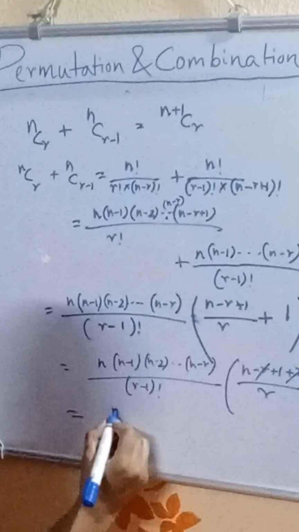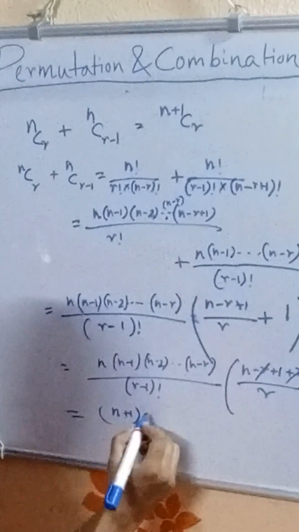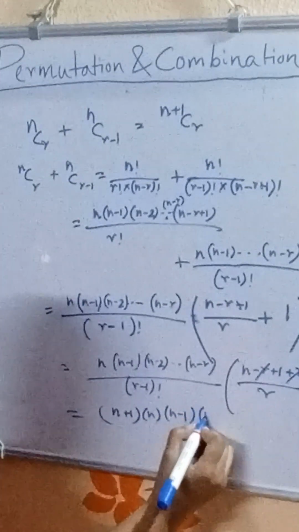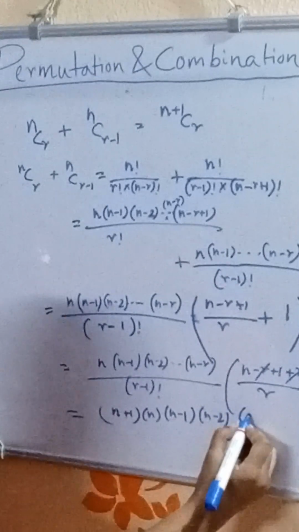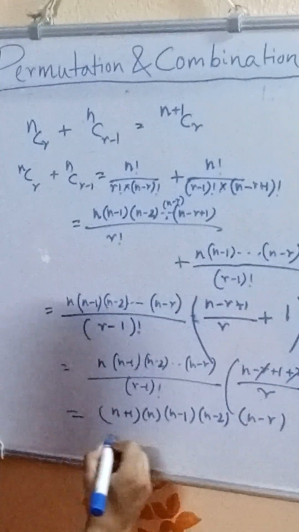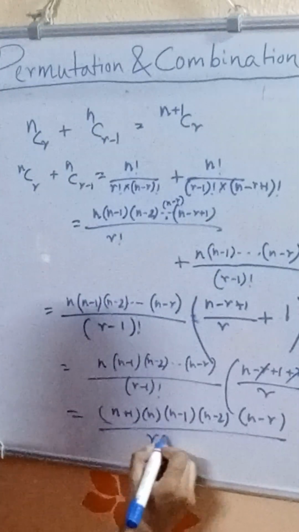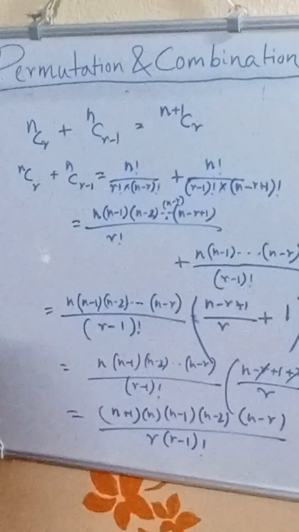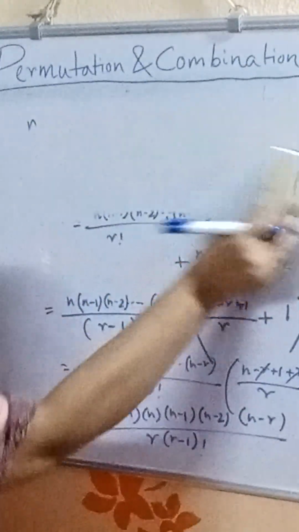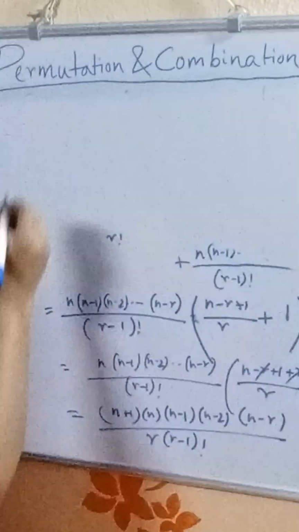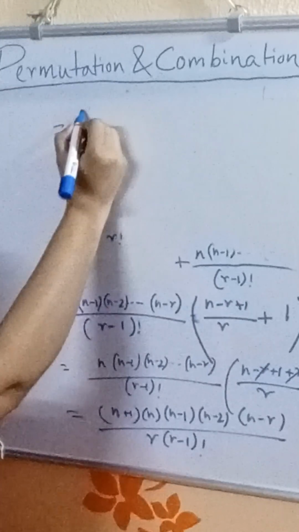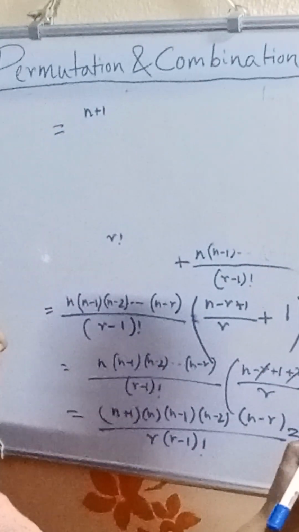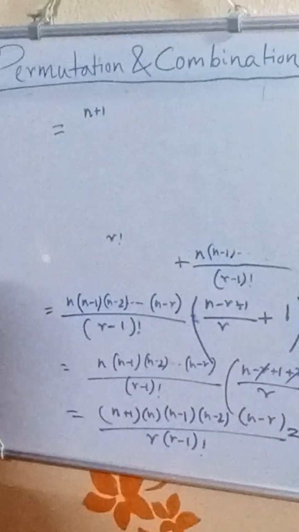Therefore, n plus 1 into n minus 1 into n minus 2 ... n minus r by r into r minus 1 factorial equals n plus 1 Cr.